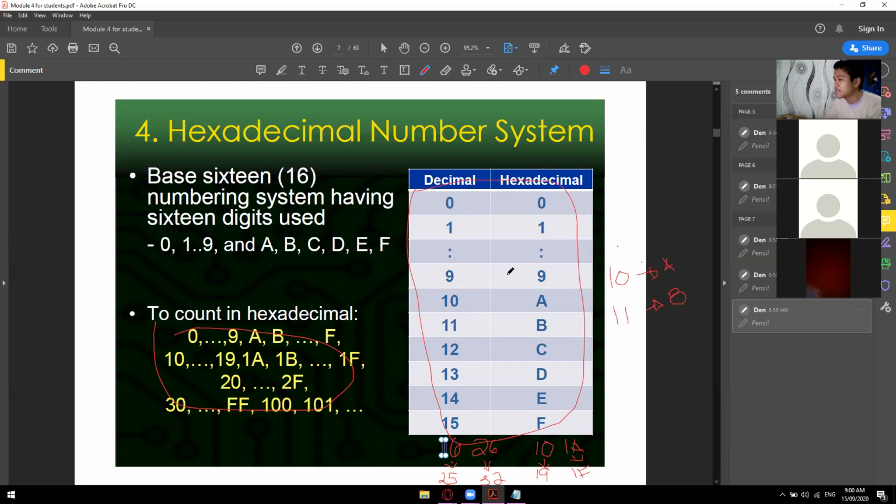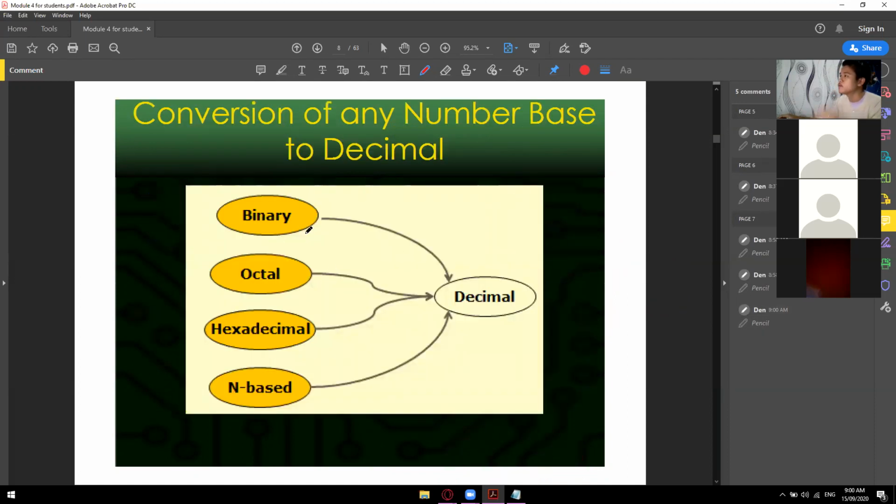So para hindi na masyadong magulo, sinabi ko lang na kapag 16 is 10 na yan, and then 26 to 32 is 1A and then 1F. Okay? So, para mas maintindihan nyo ito mamaya, magkakaroon tayo ng mga example. Pero for now, yun na yung overview. You can convert a binary to decimal, octal to decimal, hexadecimal, or any base to decimal.